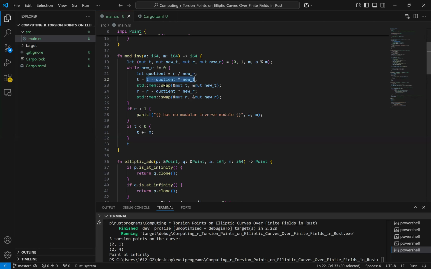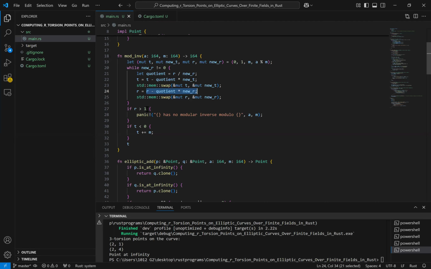Of course, this one will be swapped: the mutable t will be swapped with the new t in the subsequent steps. And then you calculate r as the original r minus the quotient multiplied by the new r. Again, in the next steps, this will be reversed. We swap, and so on as you proceed.